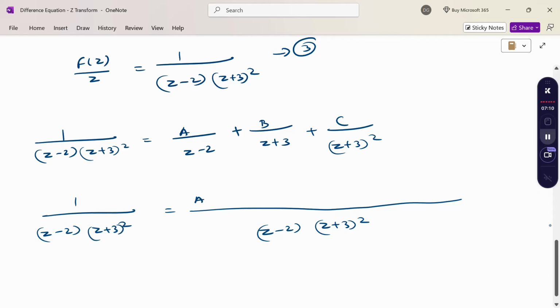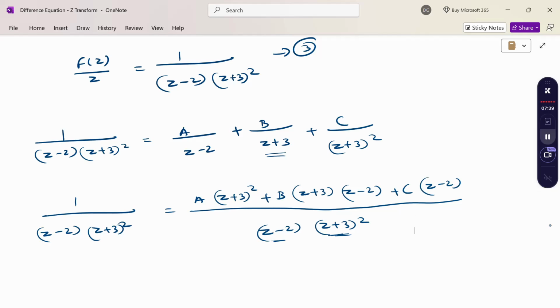For a, z minus 2 is present, so the missing factor to multiply is (z plus 3) square; plus b term, z plus 3 is present, so multiply (z plus 3) and (z minus 2); plus c, multiplied by z minus 2.